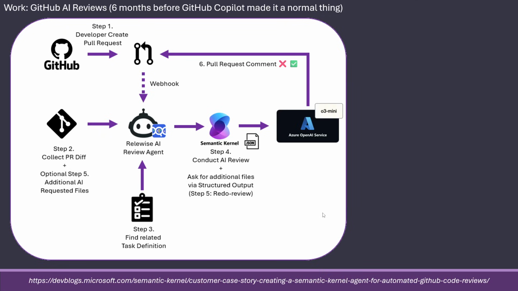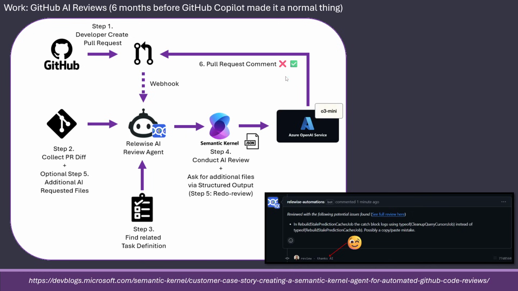When this case was run, it was using an O3 Mini, but now it's using ChatGPT-5 Codex instead. And this results in various comments on the pull request every time someone checks in something new. So there's self-review using AI before a human then sees it for the final review of it.